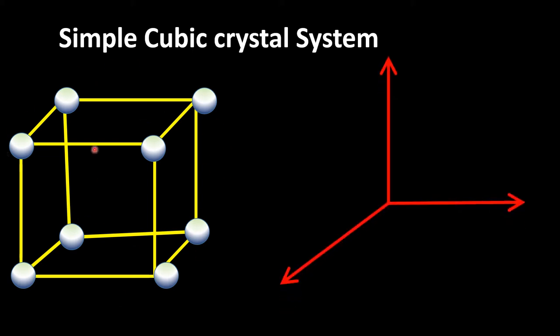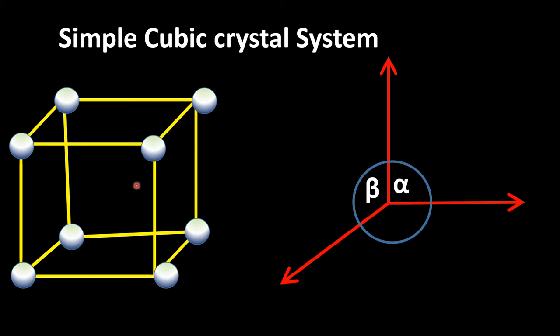In this cubic crystal, when we take this point as reference point, it has the 3 axes, and these are the angles between them. This is the angle alpha, which is between these 2 axes.